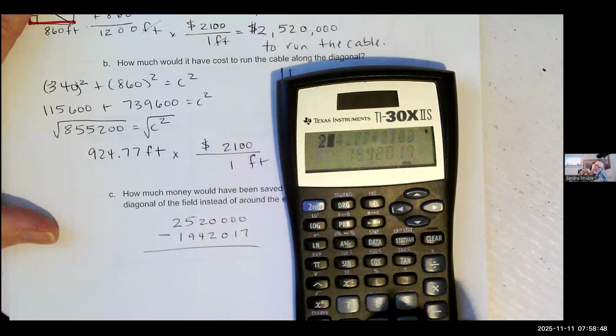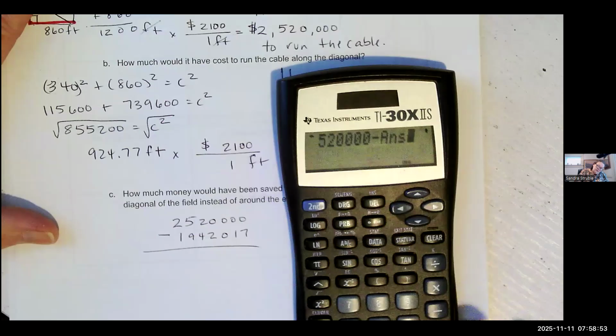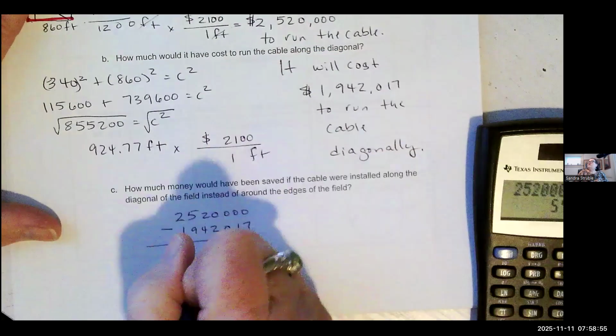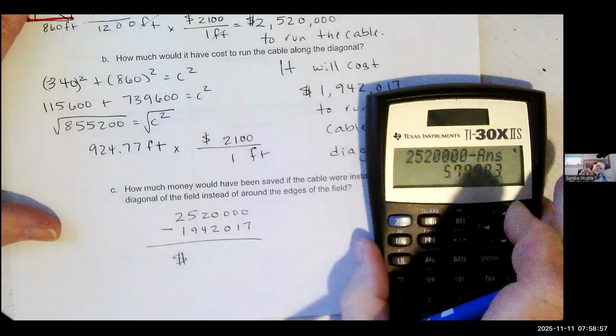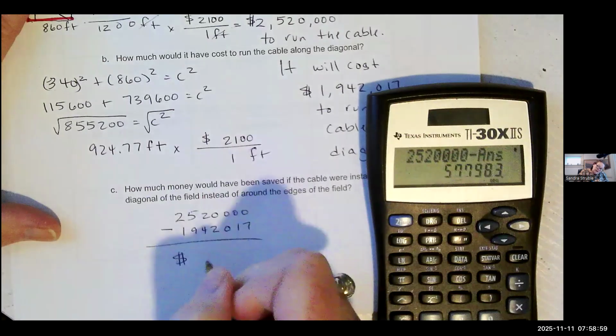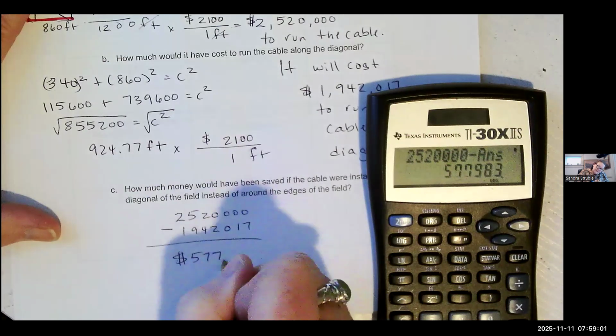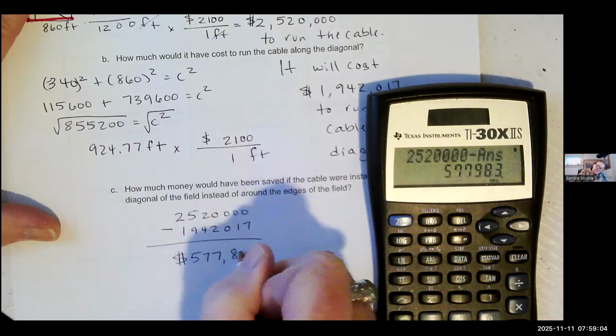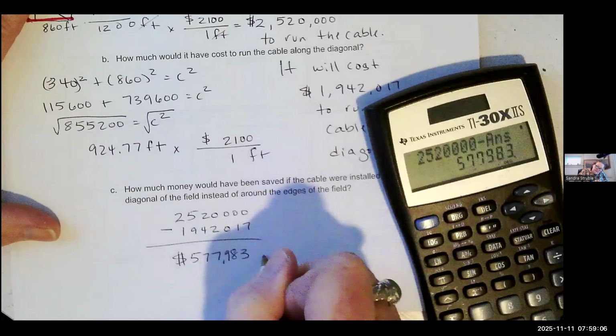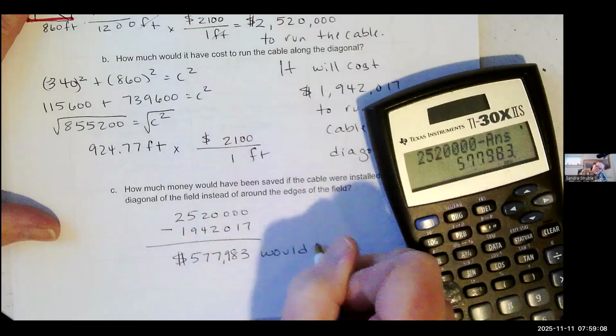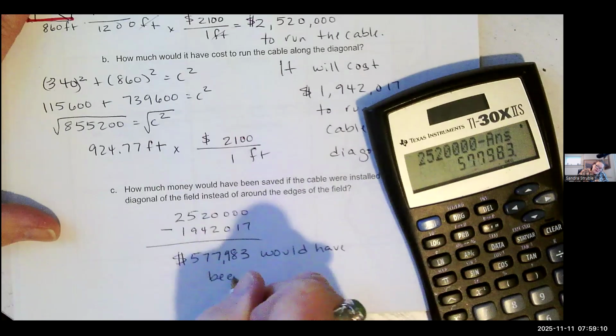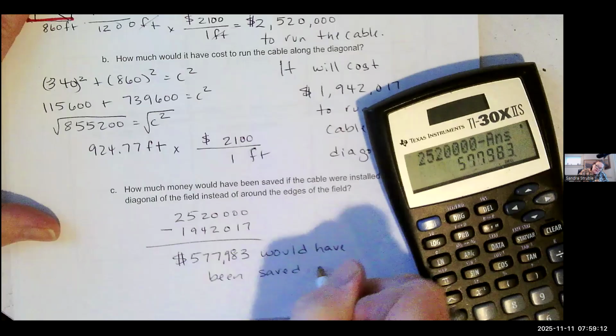And the answer is $577,983 would have been saved by choosing the diagonal.